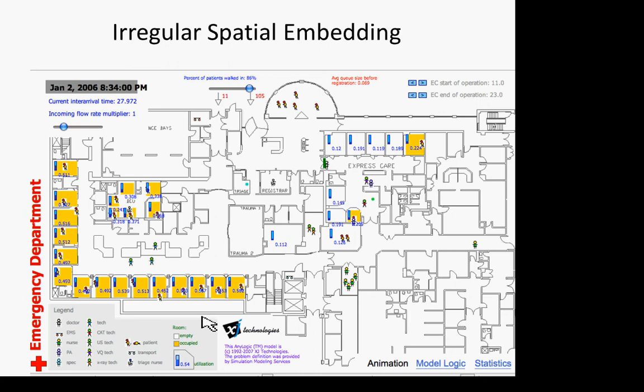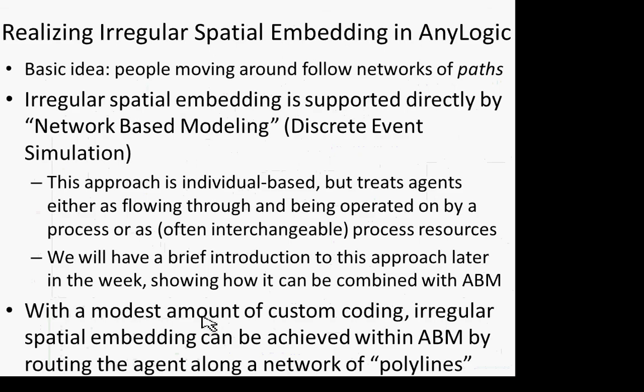And it turns out that within agent-based modeling, you can have irregular spatial embeddings, such as movement along networks of roads or what have you, with some additional custom coding by moving them along polylines. So anyway, we've seen here some aspects of mobility, both in continuous space and discrete space. Some of you might find that helpful when it comes to some of your projects.